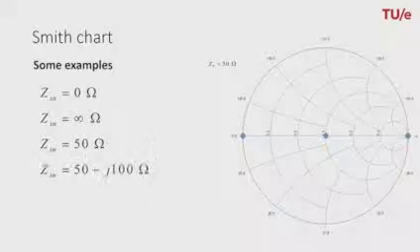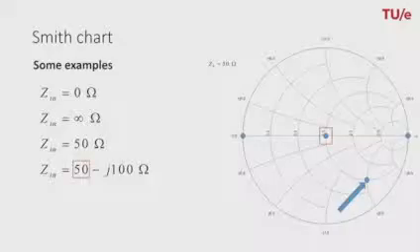When we have a more complex impedance, so for example 50 minus j100 ohm, we can easily find this point on the Smith chart. How? Well, best is to first consider the real part. So in this case the normalized value is 1, and we find the circle with a real part equal to 1, starting in the middle of the Smith chart, as indicated here by the red box.